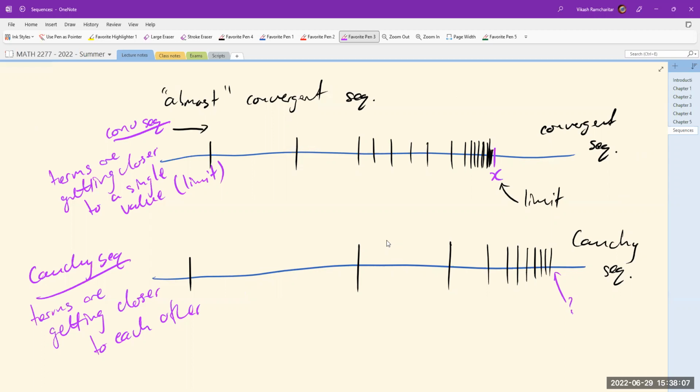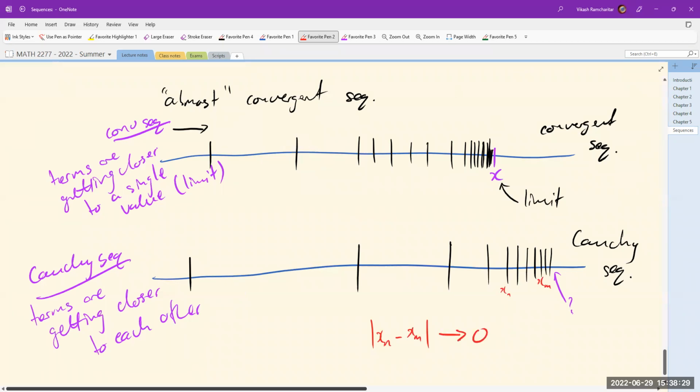They're getting closer and closer to each other. The distance between the terms is shrinking. And how do we measure distance again? Modulus. So if xn is this term, and xm is that term, the distance here is shrinking. The distance there is going to 0.